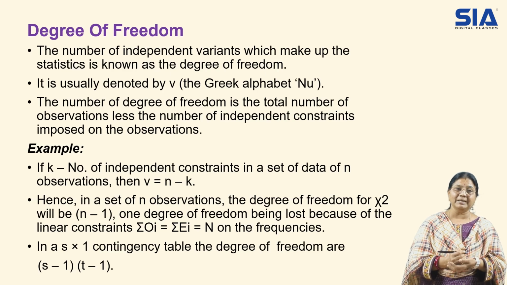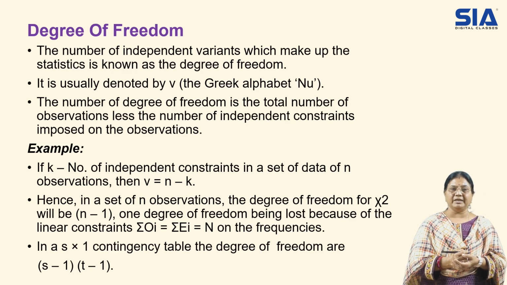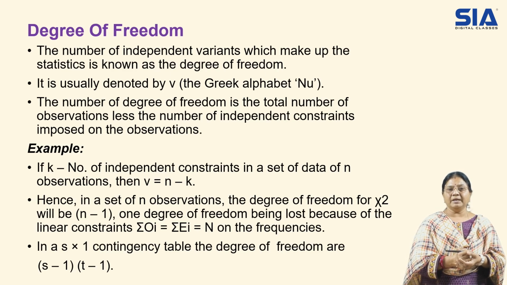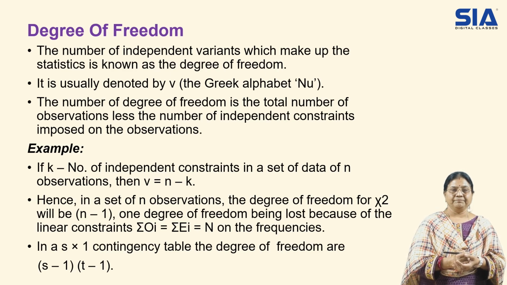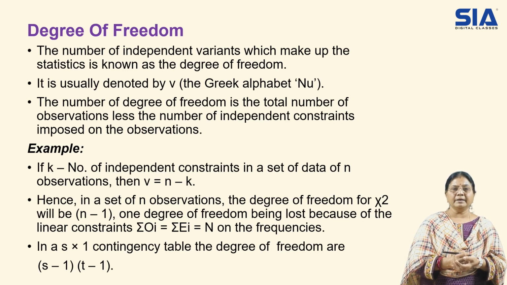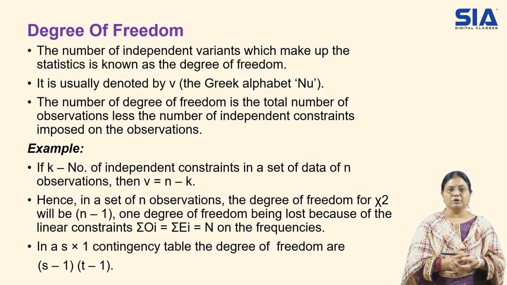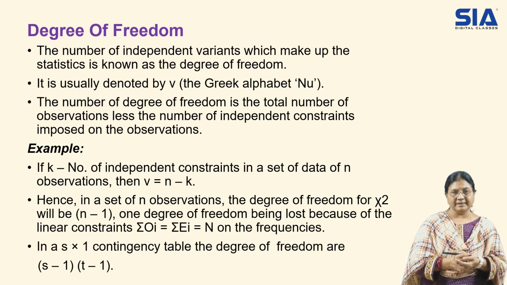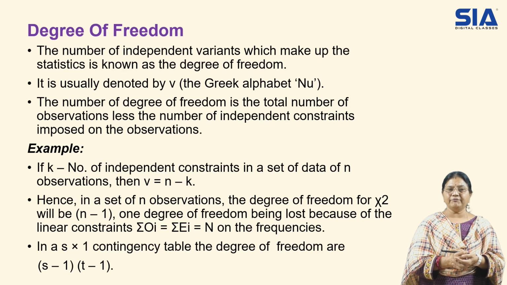Here K is the number of independent constraints in a set of data, N is the number of observations, then v = N minus K. Hence in a set of N observations, the degree of freedom for chi-square will be N minus 1, since 1 degree of freedom is lost because of the linear constraint, sigma Oi equals sigma Ei equals N, the total of the frequencies.